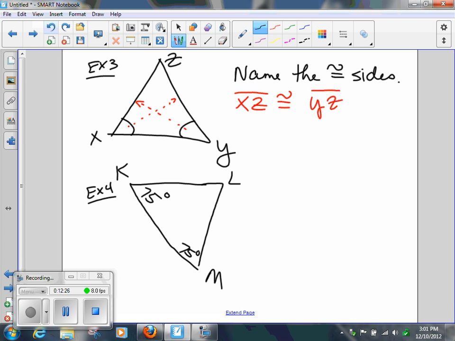Name the congruent sides. Hey, what's different about this one? No tick marks. It actually gives you the actual measures, right? So what are the congruent sides?